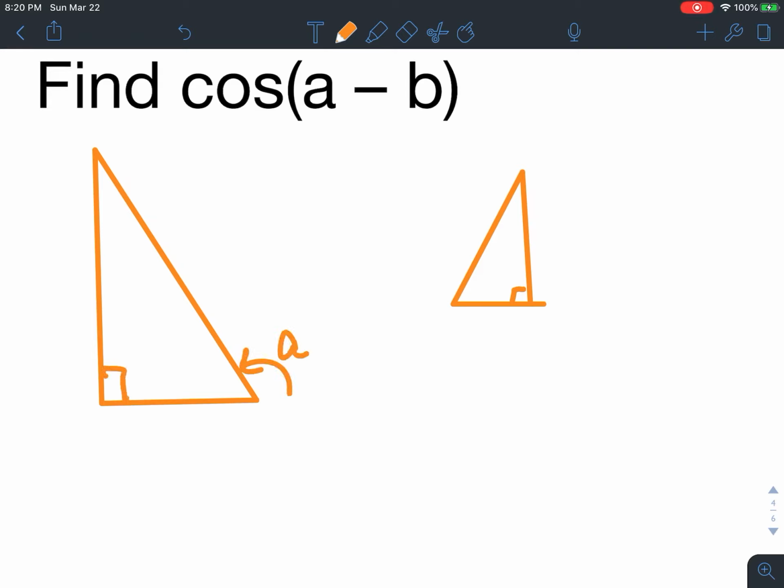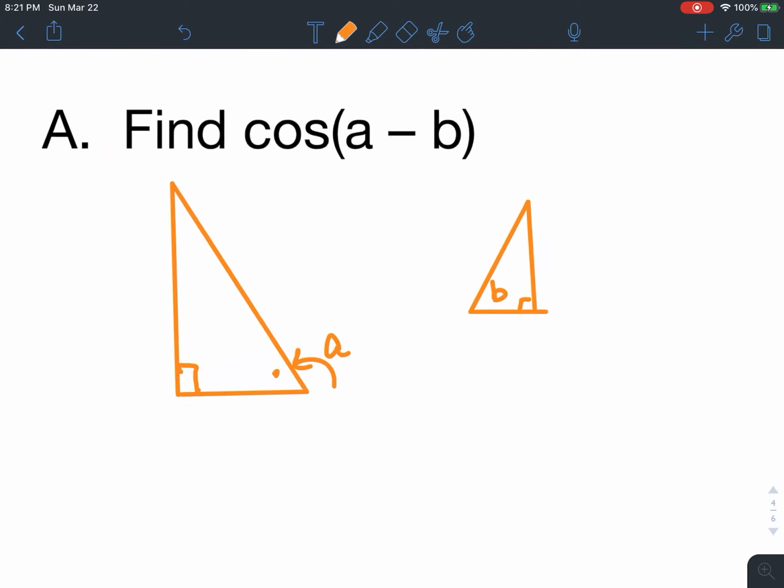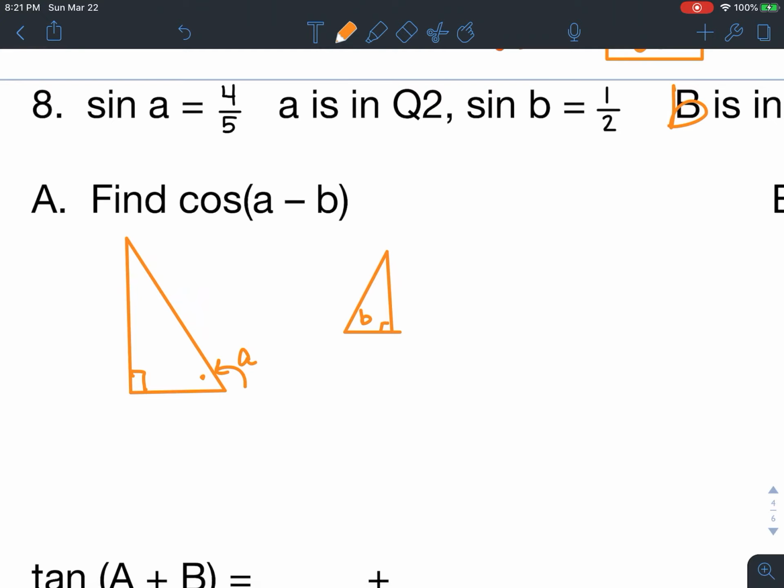So here's A, because remember, A really comes from the positive x-axis. So even though we're going to look at this angle, A is really this angle on the outside.